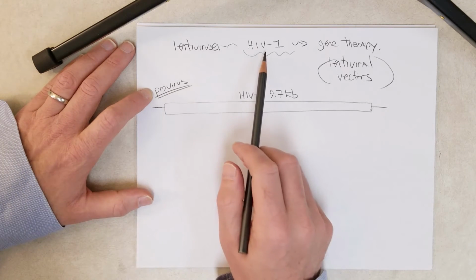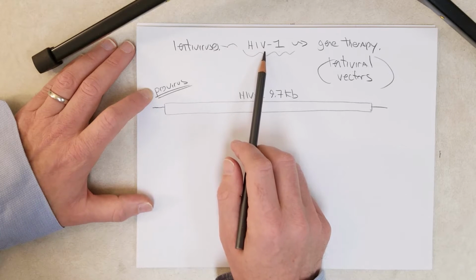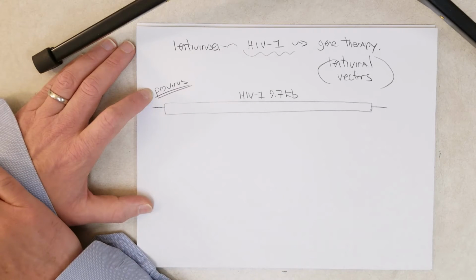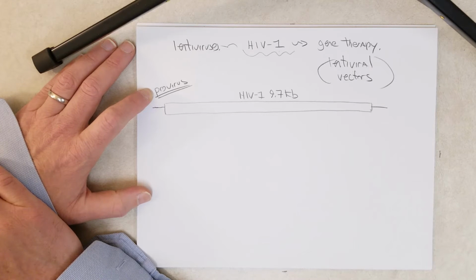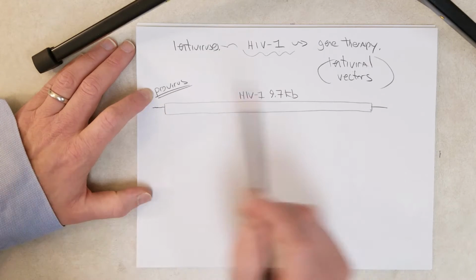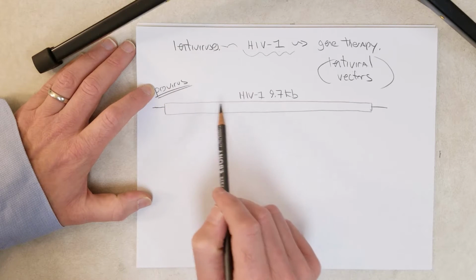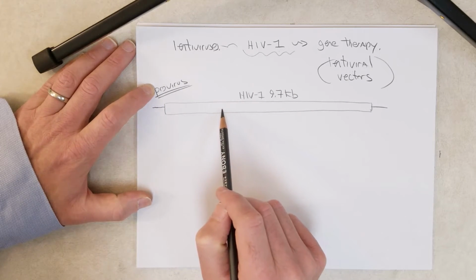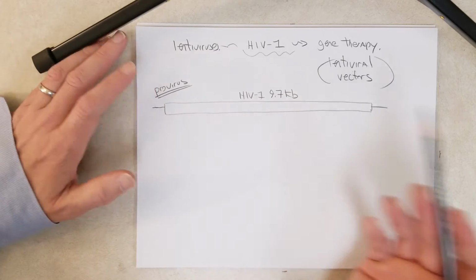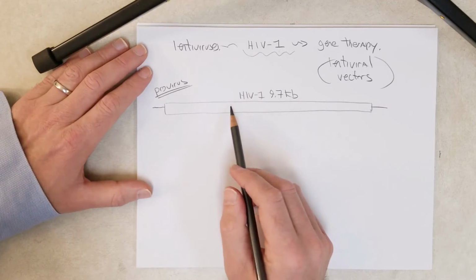When it's part of the infectious viral particle, it's an RNA genome. So we like to say HIV-1 has a single-stranded RNA genome. But first I wanted to describe the provirus state, which is a copy of the HIV-1 genome in the DNA state, inside, say, the human genome.